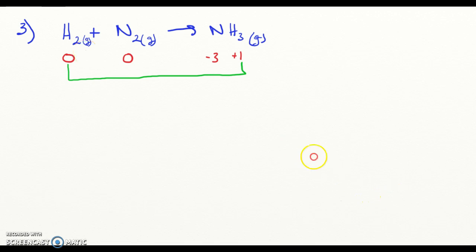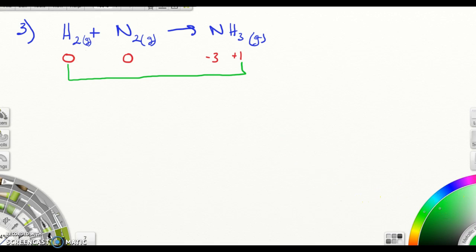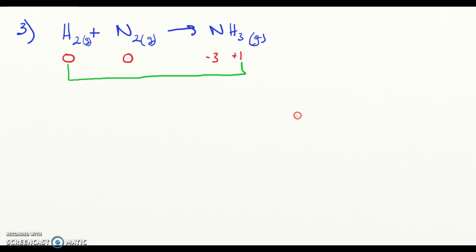Let me do the other right now since we're sitting here. Let's choose orange. All right, so let's go from nitrogen. If I go from nitrogen here up to this nitrogen here, look what happens. It goes down from 0 to -3. It has been reduced, and I'll write that down. What has been reduced?